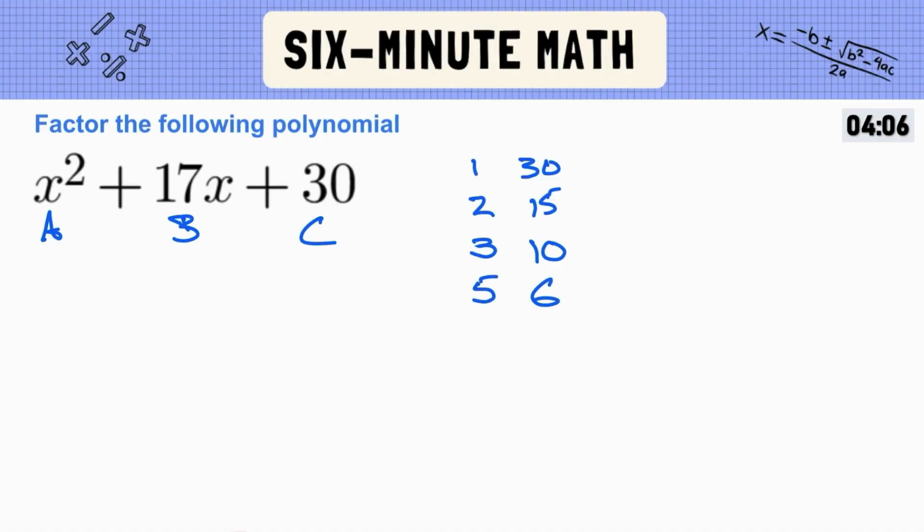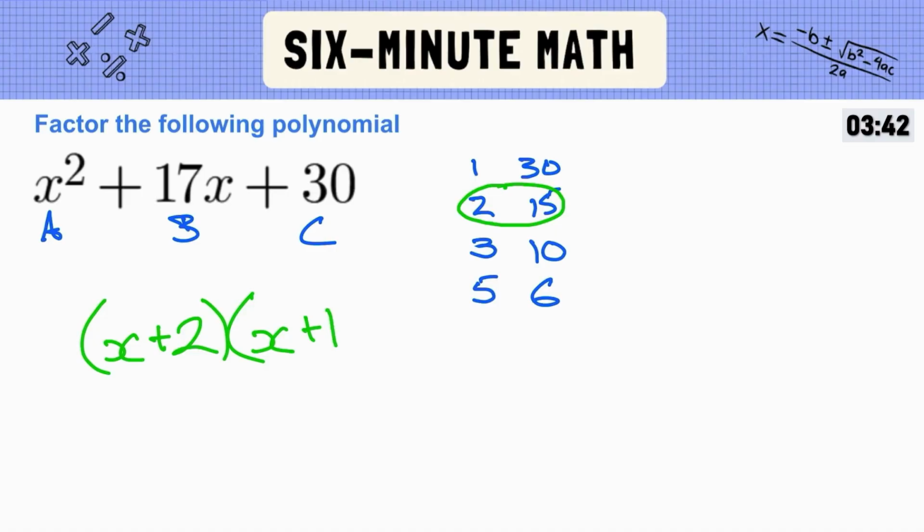I do a quick scan to see which two of those numbers add to my middle b value, and that would be 2 and 15. So each of those individually plus my variable become my factors. So we have x plus 2 and x plus 15.